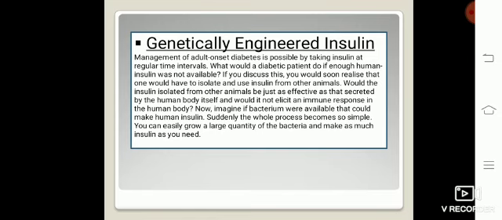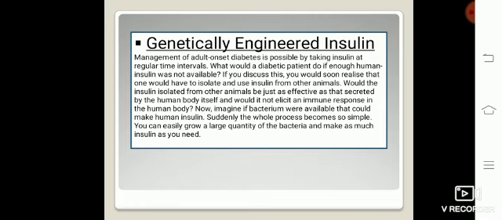Now, the most important thing we have to discuss in this chapter is genetically engineered insulin. Insulin is the smallest protein of the human body and is very helpful in controlling blood sugar.